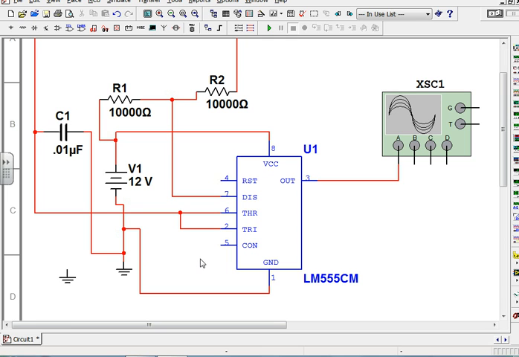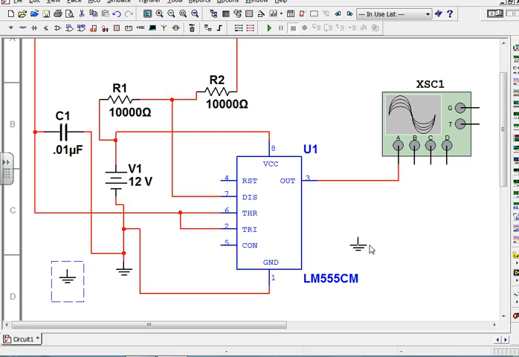And pin 5 is not connected. Okay, did I do that right? Voltage out. Pin 4. Pin 4 is the reset. It's supposed to go to VCC. Ah, well, we'll see if it works.